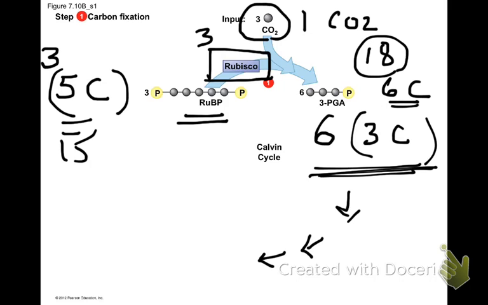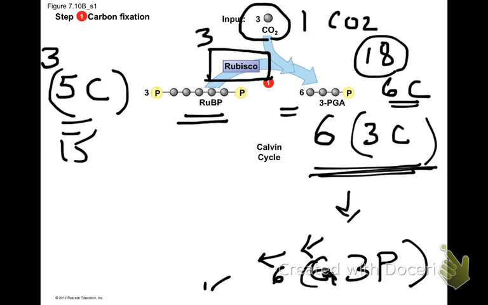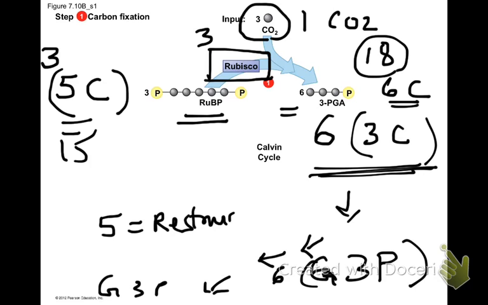The first stable product, something that you can make sense of, is 3PGA, or phosphoglycerate, and that is then converted to 6 G3P, glyceraldehyde 3-phosphate, of which 1 goes out and the rest, 5, are restructured to give me ribulose bisphosphate.